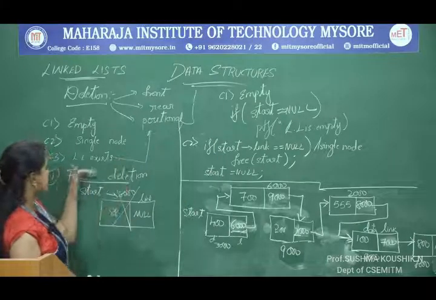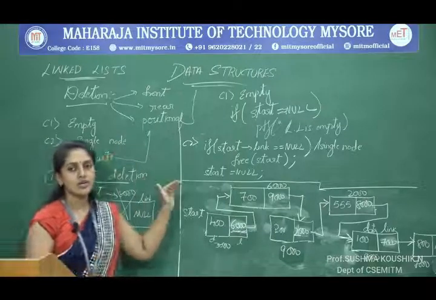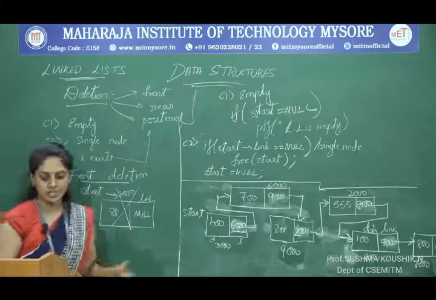Now with the third case, when the linked list exists with more than one node, we shall see different fashions of deleting. So we will start with the front deletion now.